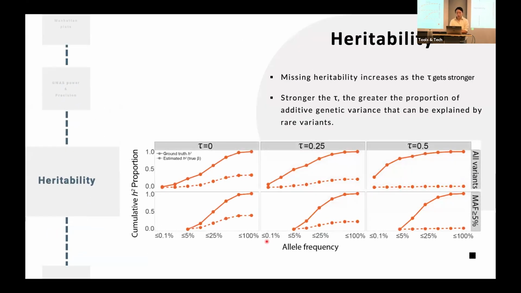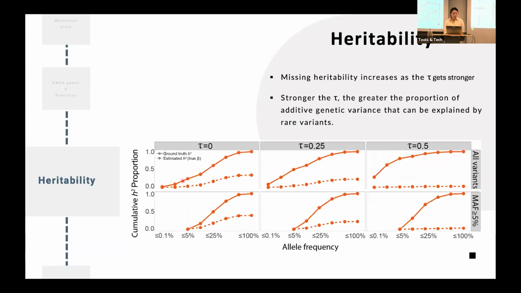Next, we can use the simulated data to estimate the heritability and assess how much of it is being captured by GWAS. Here I have the cumulative heritability proportion on the y-axis and the allele frequency on the x-axis. Since this is a cumulative proportion, at 100% frequency it should add up to 1.